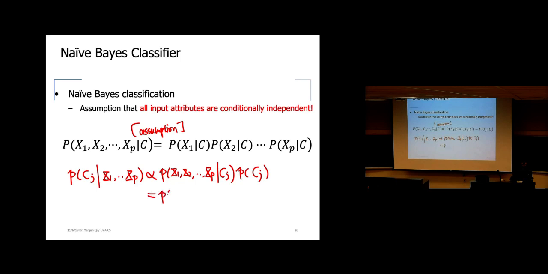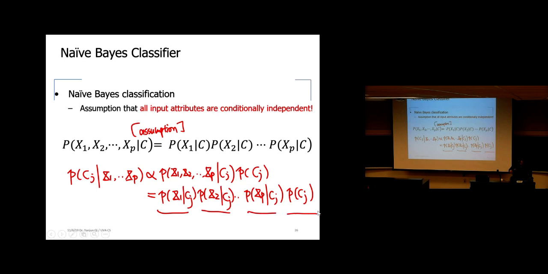Now it's equivalent to P of x1 conditioned on Cj, P of x2 conditioned on Cj, up to P of xp conditioned on the specific Cj, then times P of Cj. This is the model I need to estimate from data, which means to perform future inference I need to know this, this, this, and this. These are the model parameters I need to estimate for my naive Bayes classifier.